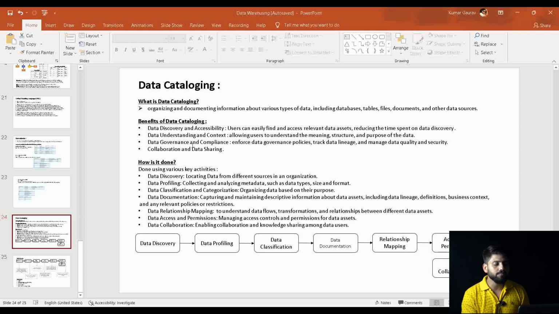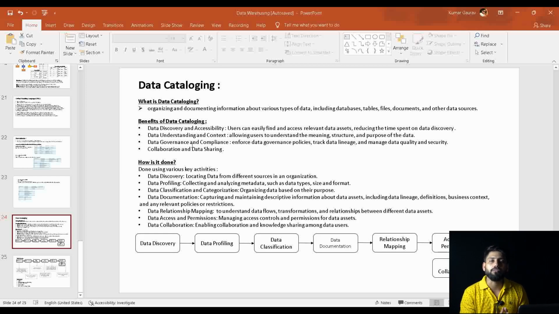After that comes a very important feature, that is data governance. Whenever your data is getting organized or profiled, that means categorized, you will have a very beautiful feature, data governance, in which you can restrict your data by categories. Suppose your data has been categorized, now you can assign various roles to various categories in your data cataloging. After that, at last, it's collaboration and sharing.